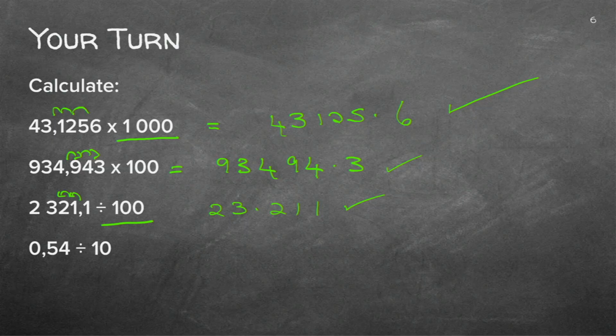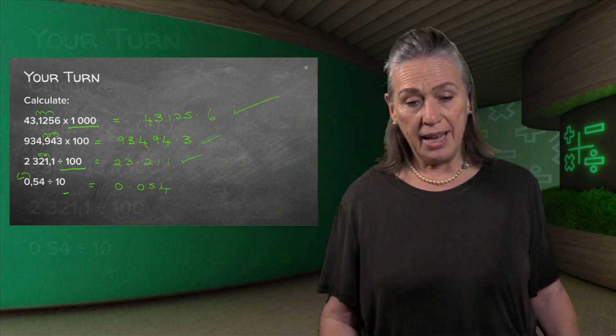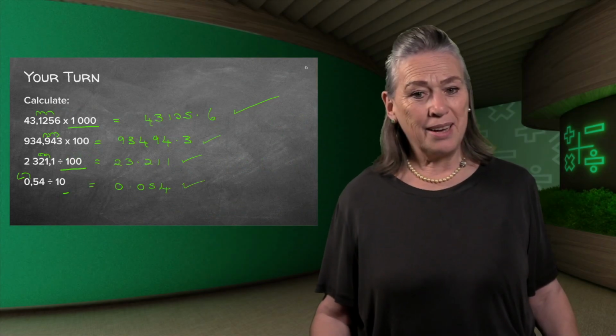And then if we divide 0.54 by 10, we're going to move the decimal point 1 place to the left, so our answer would be 0.054. If you've got this correct, well done.